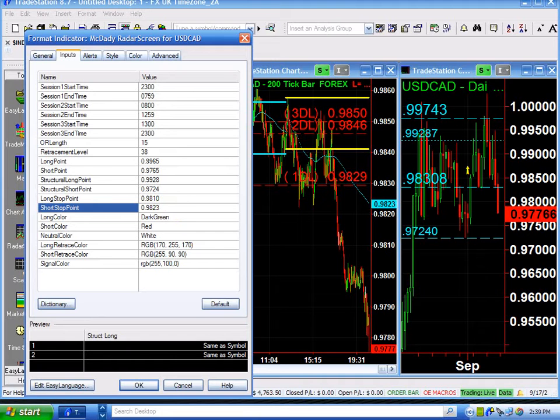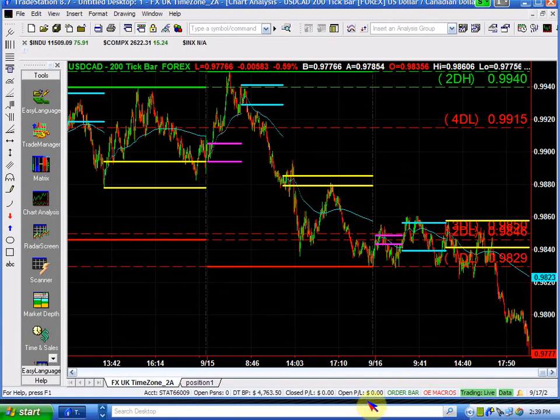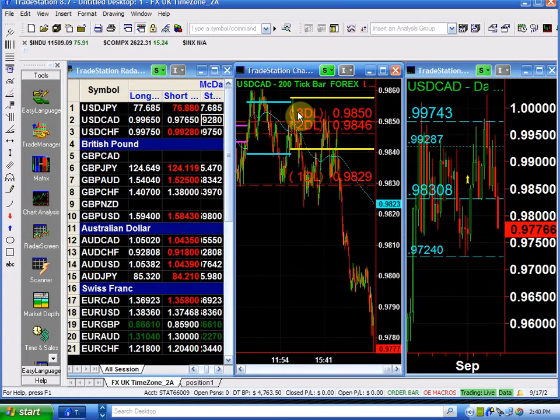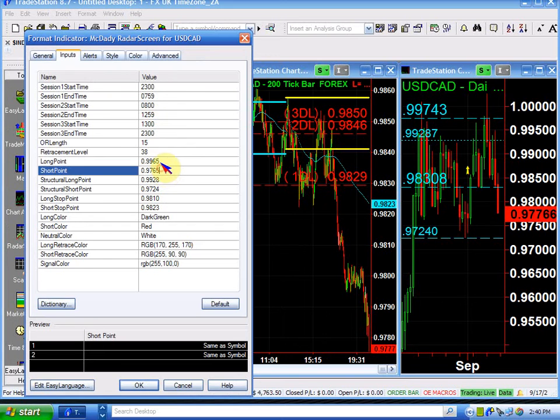Okay. Now where will I buy this baby? Look at this. There is nothing to buy unless it gets above 98.60. My buying point is 98.60. And if I buy it above 98.60, I'm going to use the 98.23 as my stop.